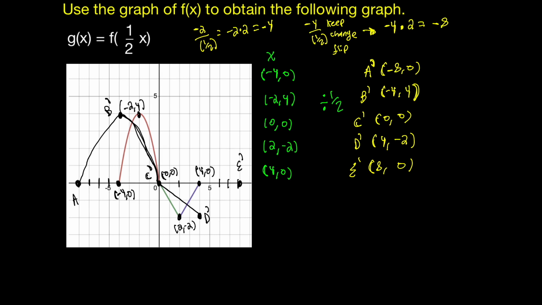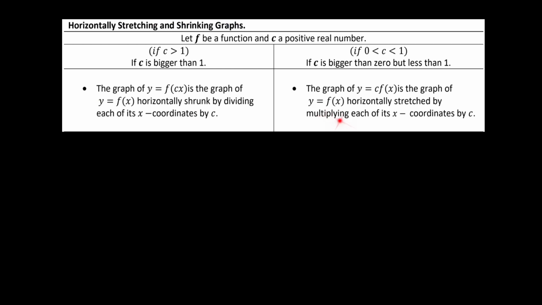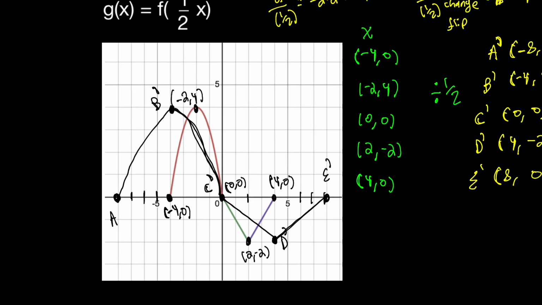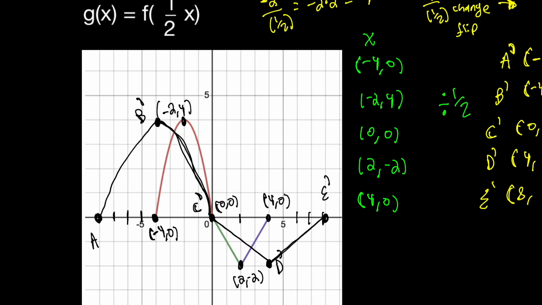And then D prime is going to connect to E prime with a straight line as well. And you can see that for this function, my scale factor was 1/2. So it got horizontally stretched. That would be the graph of f of 1/2 of x.